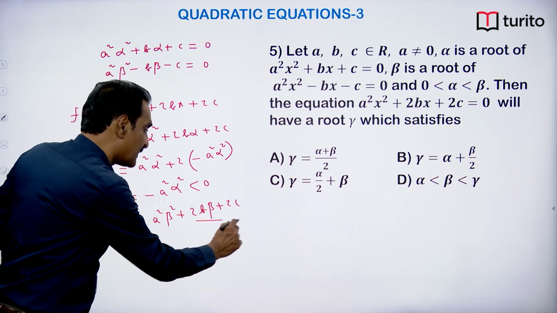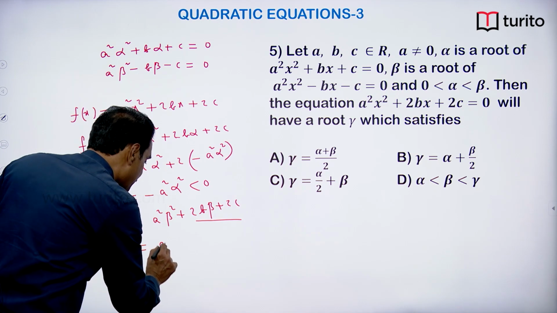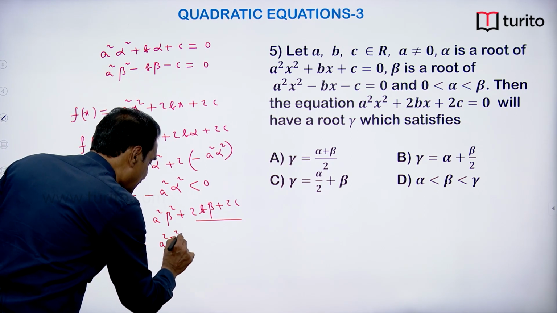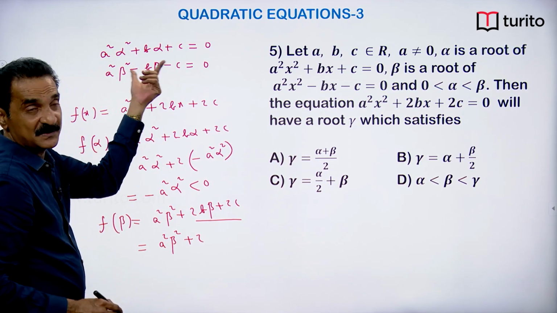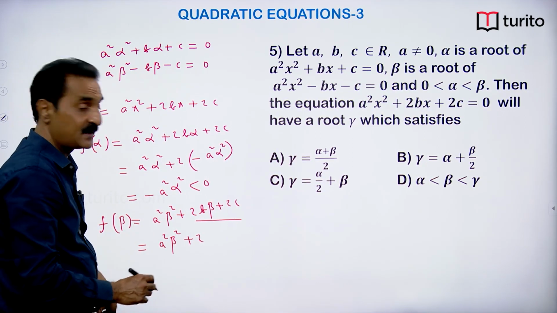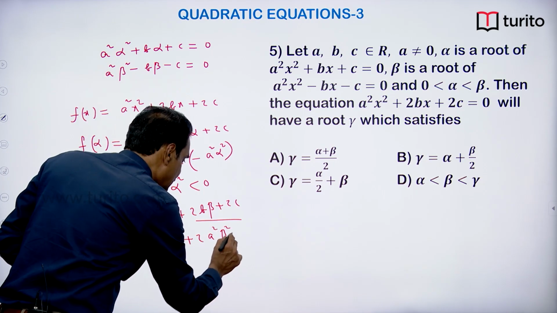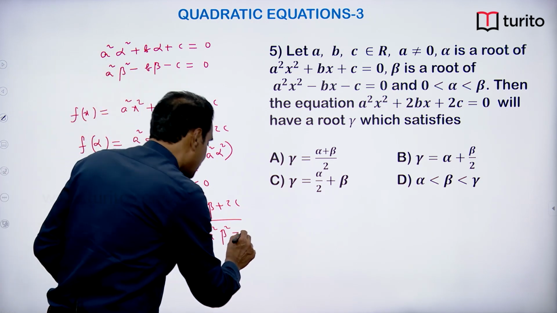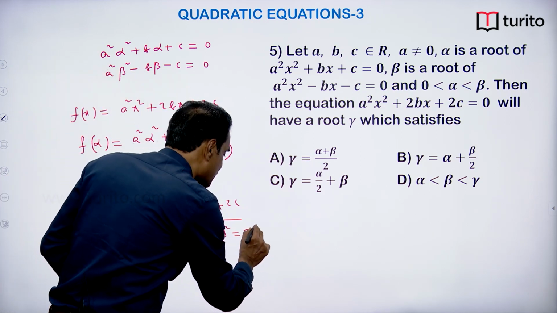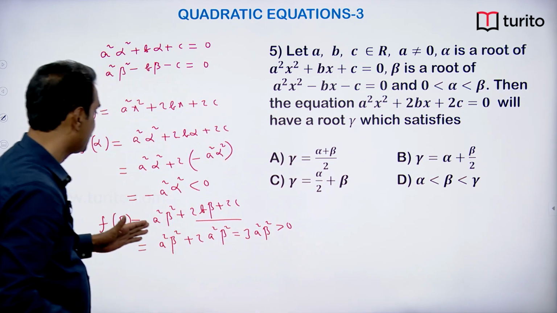I will substitute here. Then I will get a square beta square plus 2 into b beta plus c is a square beta square. So, a square beta square plus 2 into a square beta square is 3 a square beta square, which is clearly positive.